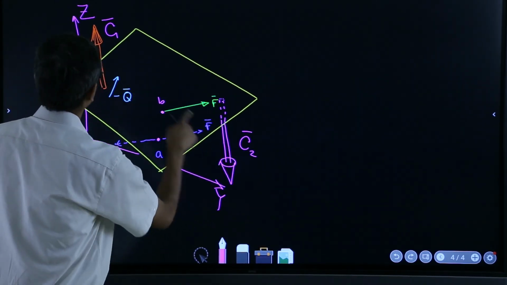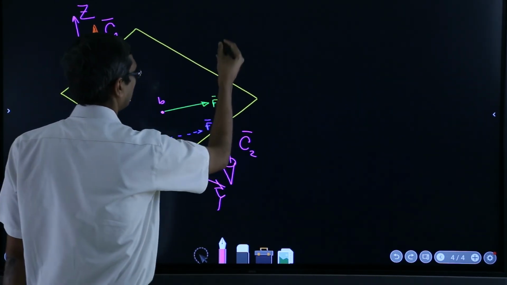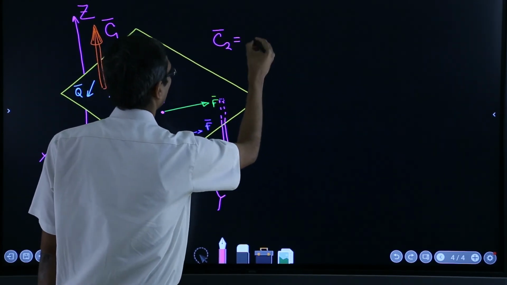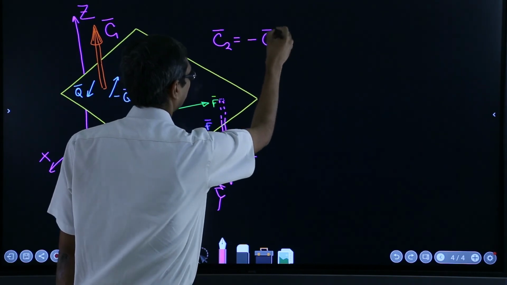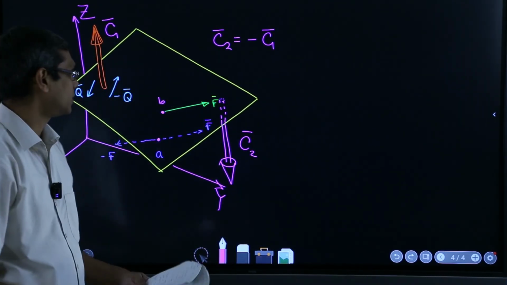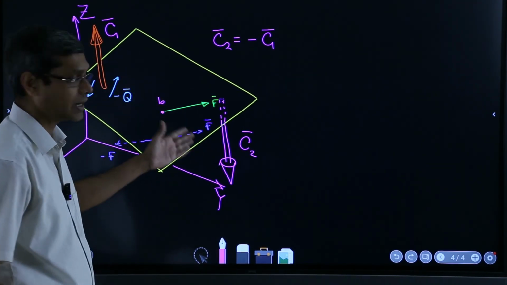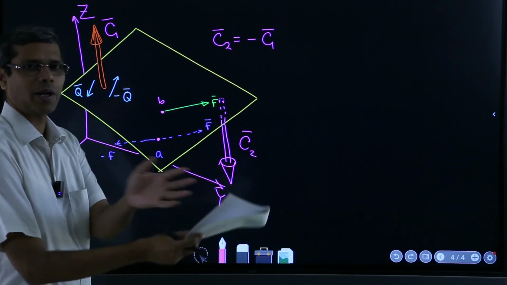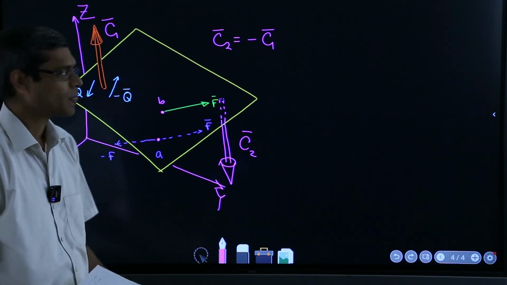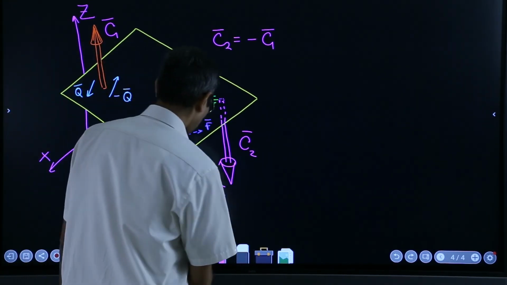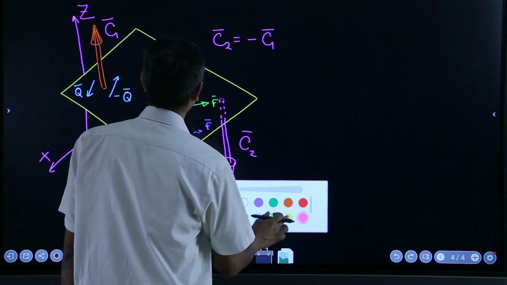Now if C2 that has come up is minus of C1, then what happens? They will just cancel each other out because they are free vectors, right? They will cancel by moving wherever you want, and then you are left with only this.